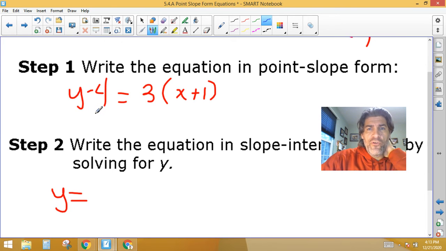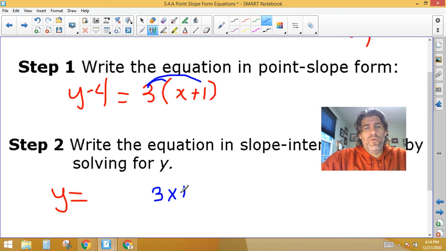So what do I want to do? I don't want to add 4 here, but I can't add 4 yet. Why not? Let's see, did you guess? We have to distribute the 3 first. We have to distribute 3 to the x and 3 to the 1 to get 3x plus 3. And now I can add 4 and add 4.